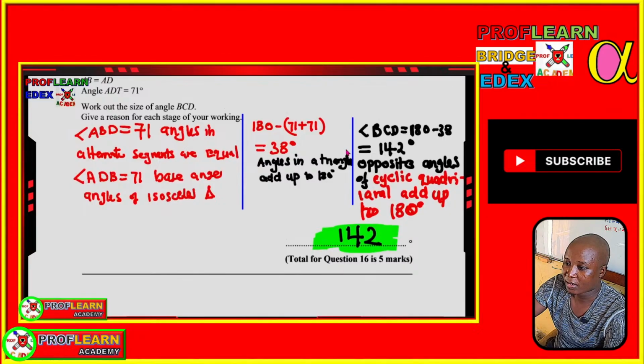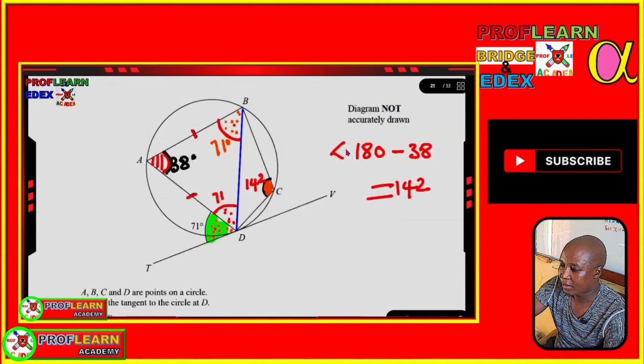And the next question that we had already in the previous slide, we had already talked about the circle theorem, and in circle theorem we were supposed to find angle C, that is here, angle C. But something that you ought to notice is that we were given 71, which is angle TDA.